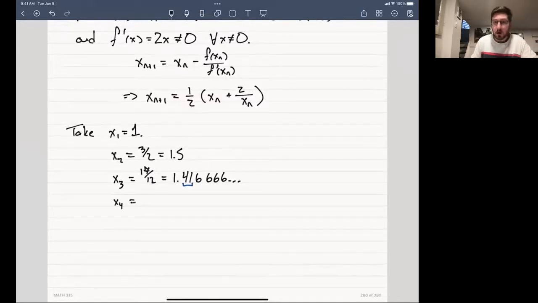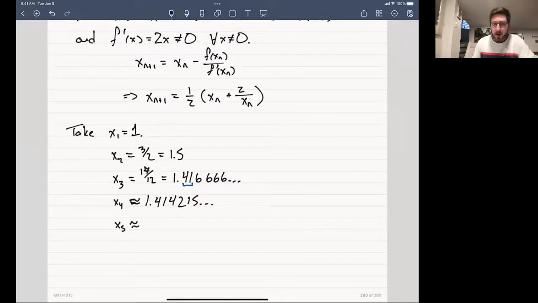So if I keep going, x_4 is going to give me approximately 1.414. All right, we've got at least 3 decimal places. Actually, we've got 4. And I'm going to give you one more just for the sake of it.